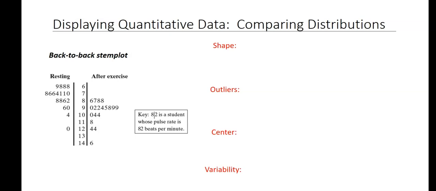So what are the shapes of these ones? You can see that the first one, the after exercise, seems to be skewed to the right, kind of tilted. The other one, you have to reflect it and then rotate it counterclockwise. I think that one is also skewed to the right. So they're both skewed towards the larger numbers, is another way of thinking about it.